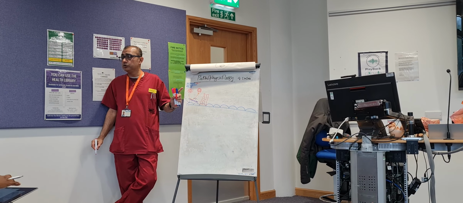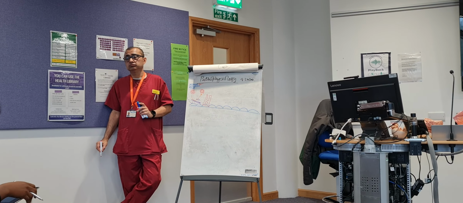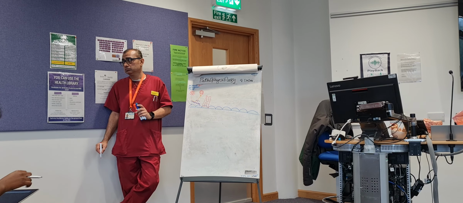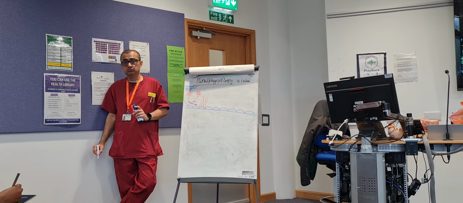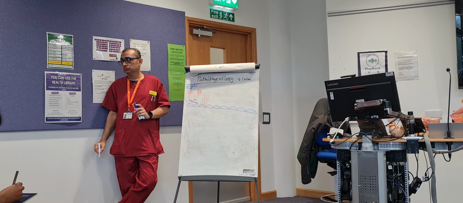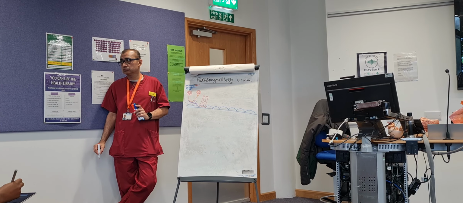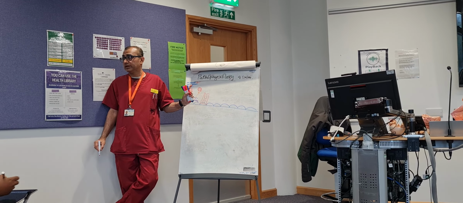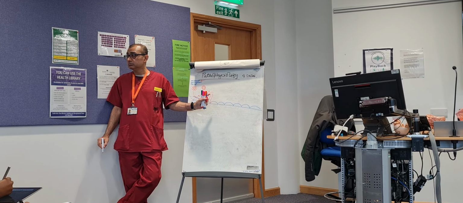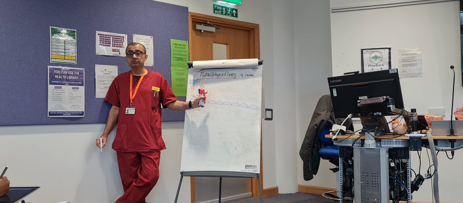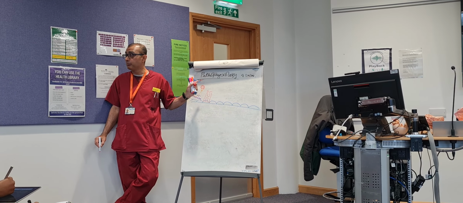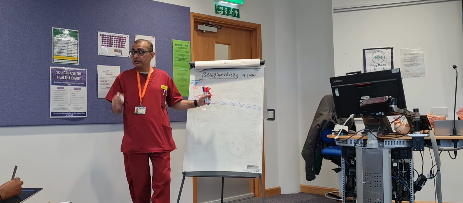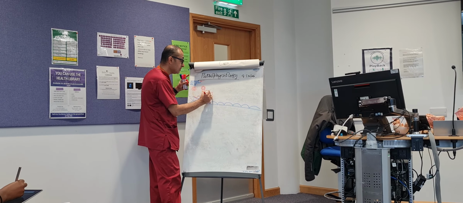What does heparin do? It prevents the conversion of factor 10 into factor 2. So what does it do? Heparin binds with what, and forms a complex? It binds with antithrombin 3.